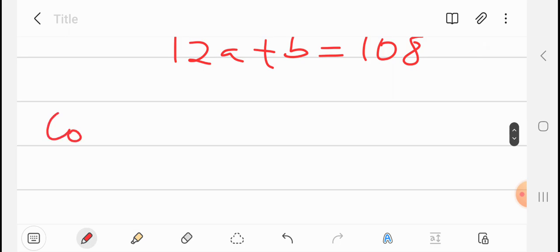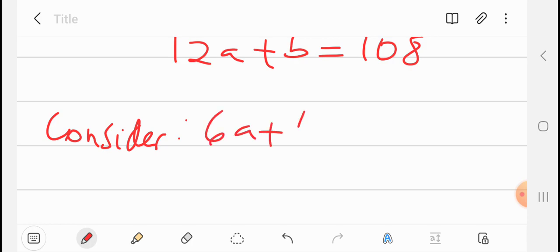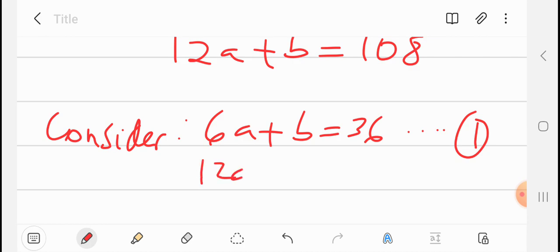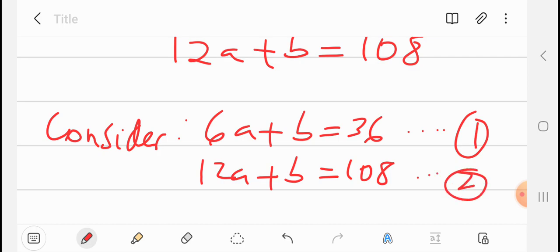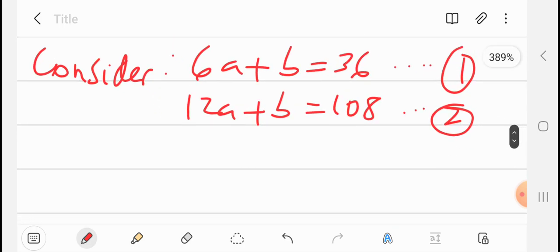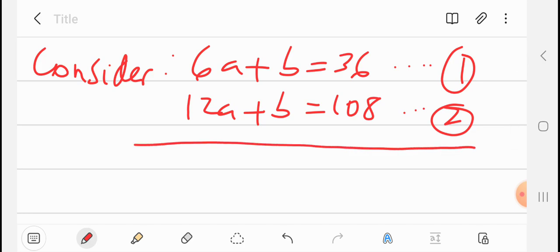So we consider 6a plus b, which is 36, and that gives us equation 1. And therefore you have 12a plus b, and that's 108. That's equation 2. And these become equations to be solved simultaneously.